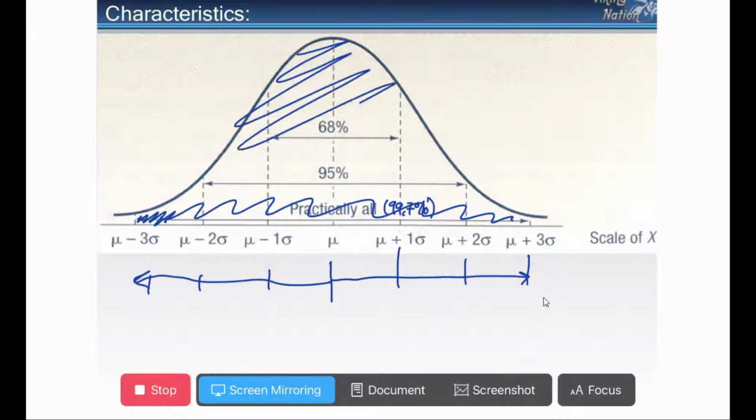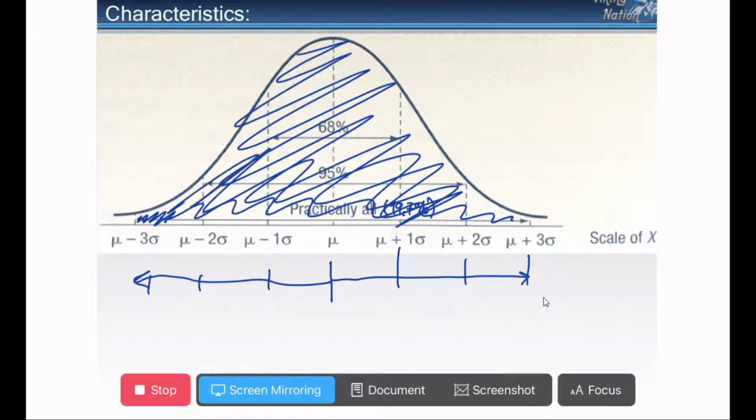Of course, that includes almost the whole thing. The area under the curve here will have a value of 0.997, or in other words, 99.7% of my data is contained within that area. So within 3 standard deviations of my mean in either direction.